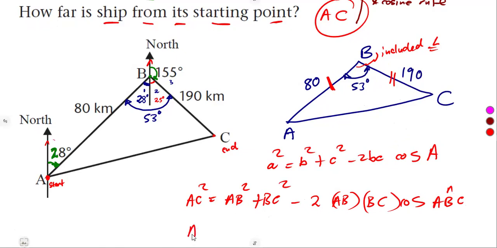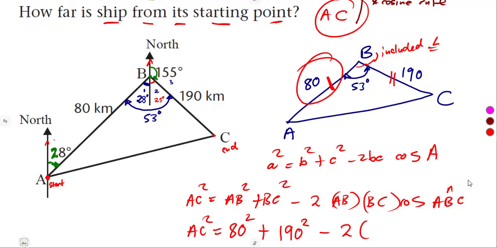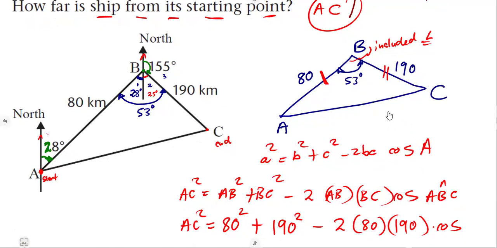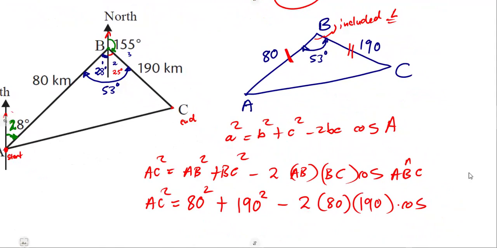So AC squared is equal to AB, from A to B, 80 kilometers. So that's 80 squared plus B to C, 190 squared minus 2 times our AB, 80 kilometers, our BC, 190, times the cosine of the included angle opposite to the side that we are calculating, which is 53 degrees.